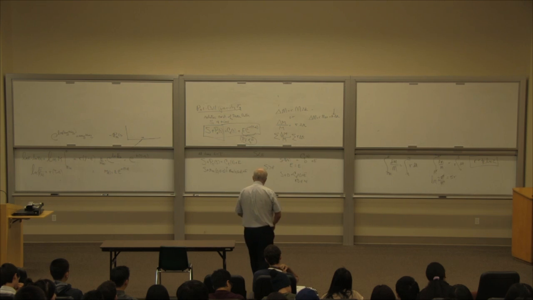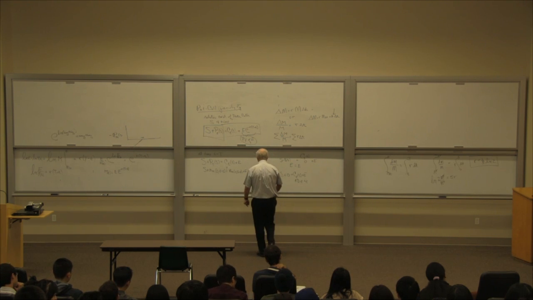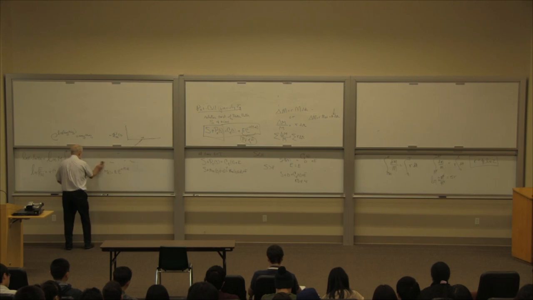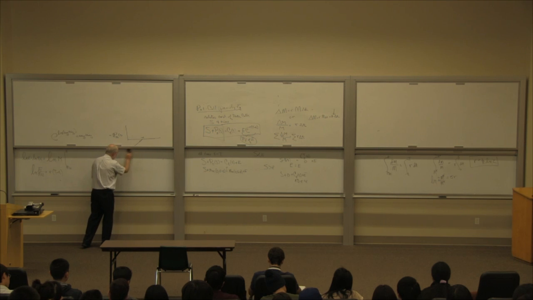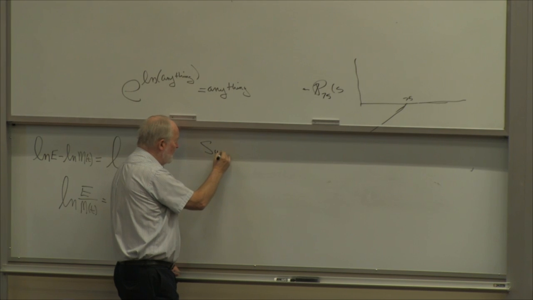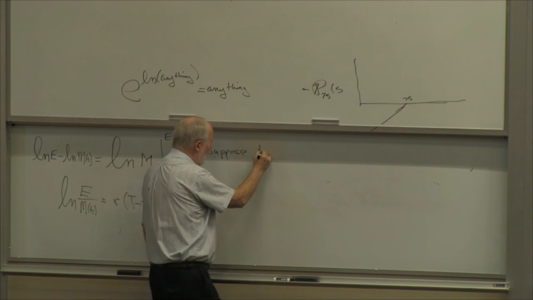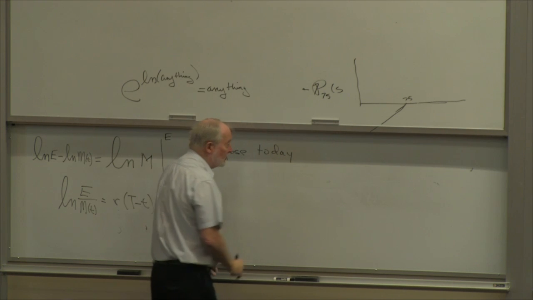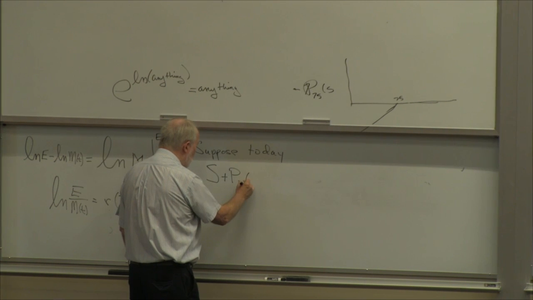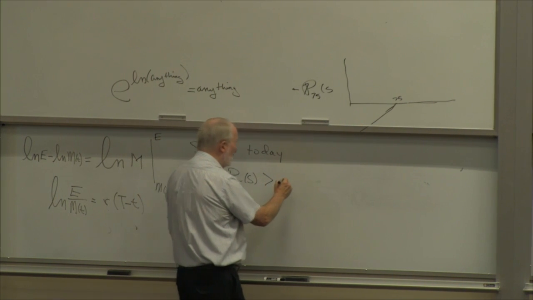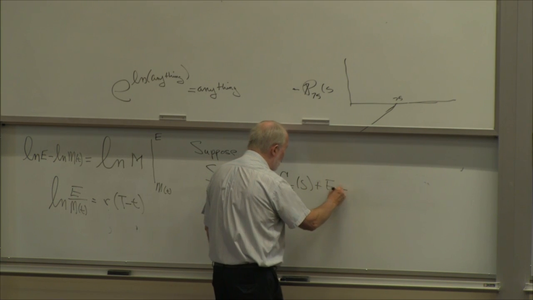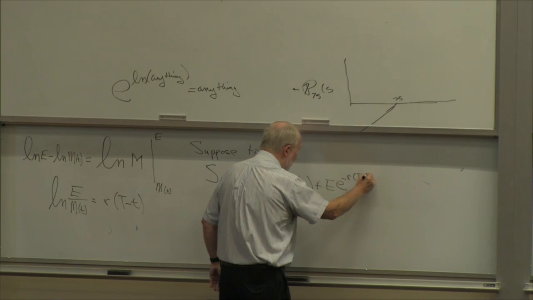Now, let's go through why this is an equality. Suppose today that S plus P of E of S is greater than the call of E of S plus E e to the minus R (T minus t).